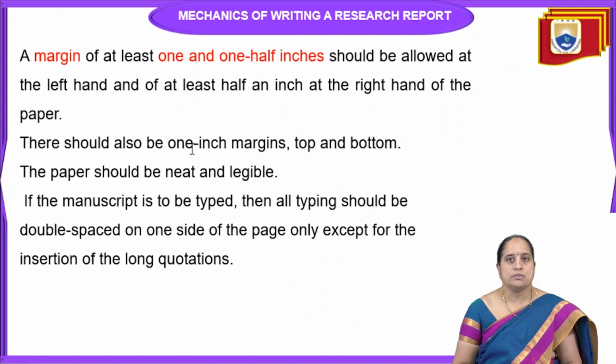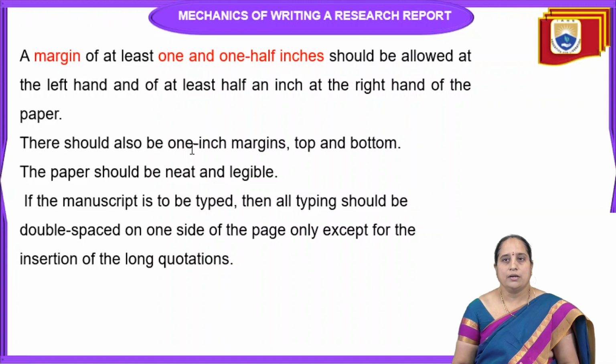There should be 1 inch margins top and bottom, and the paper should be neat and legible. If the manuscript is to be typed, then all typing should be double spaced on one side of the page, except for the insertion of long quotations.